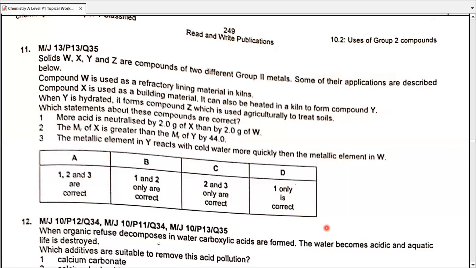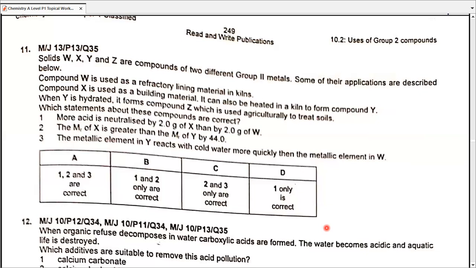More acid is neutralized by 2 grams of X than by 2 grams of W. The MR of X is greater than the MR of Y by 44. The metallic element in Y reacts with cold water more quickly than the metallic element in W. W is calcium carbonate and what is Y?